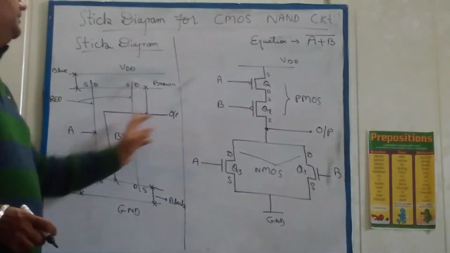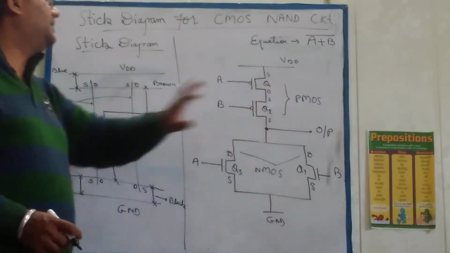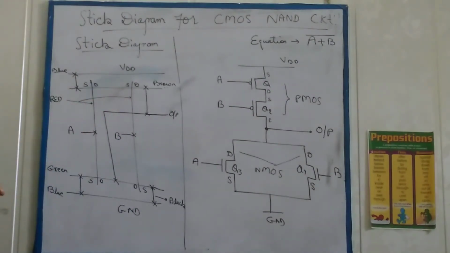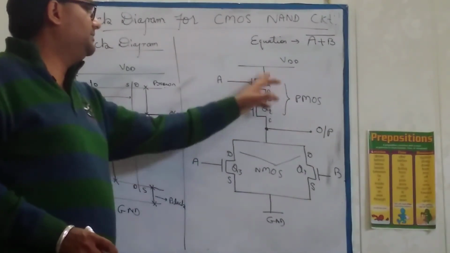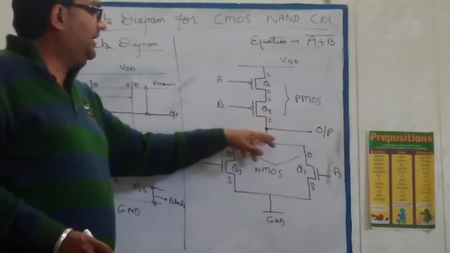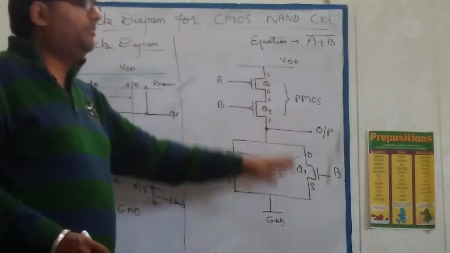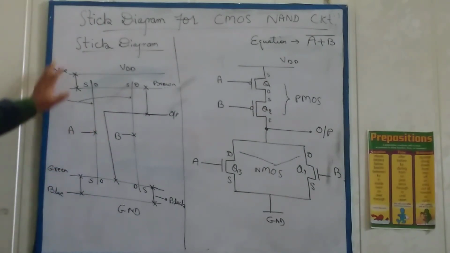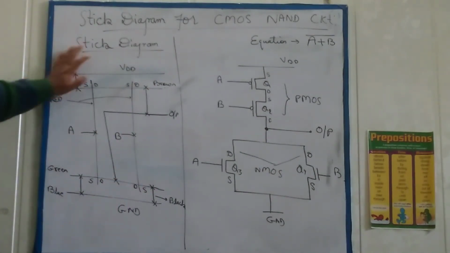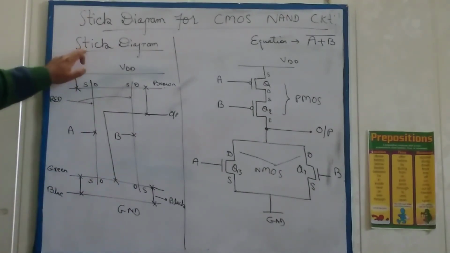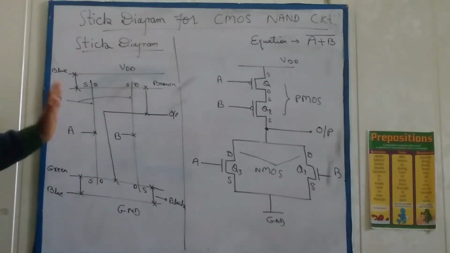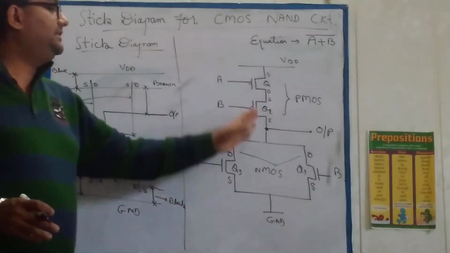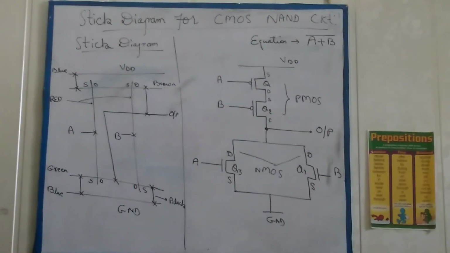Now you will observe the difference between the circuit diagram and the stick diagram. The circuit diagram is the symbolic representation of the components connected with the wires to form a complete circuit. Now here the whole diagram consists of lines because it is a stick diagram, so all are shown with the sticks and the color pattern to represent the particular transistors or the components, right?